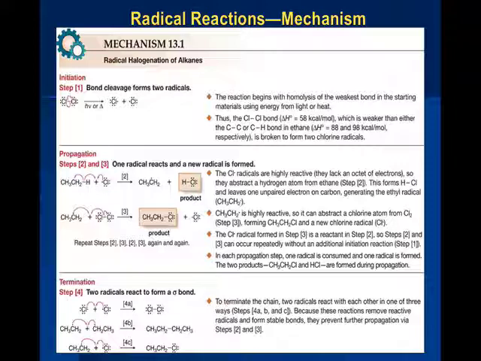We can have propagation steps, but all propagation steps have something in common, and what is it? Radicals on both sides. We have a radical on the left, we have a radical on the right. And termination steps, how would you identify a termination step? No radicals on the right. So when 2 radicals combine to form something that is not a radical, that by definition is a termination step.